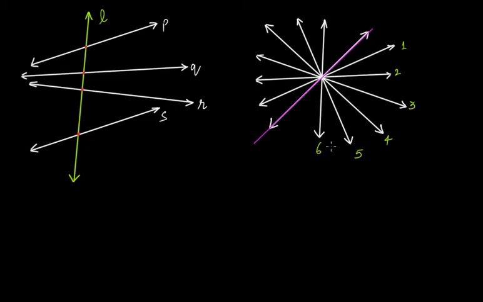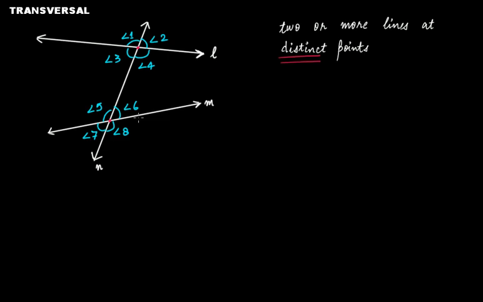These 6 lines are being intersected by this line, let us name it L. So 6 lines are being intersected by this line L, but not at distinct points, but at a common point that lies here. But in this case, one line is intersecting 4 lines at distinct points. So this is transversal, but this is not. So that was the importance of distinct points. So in this figure, this is the transversal line.